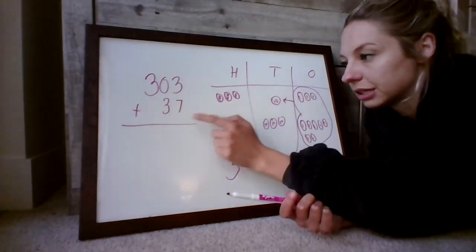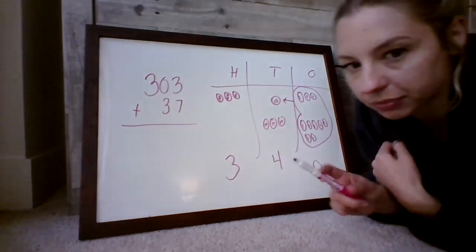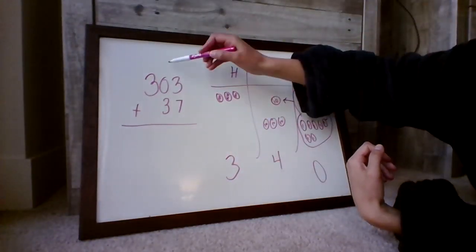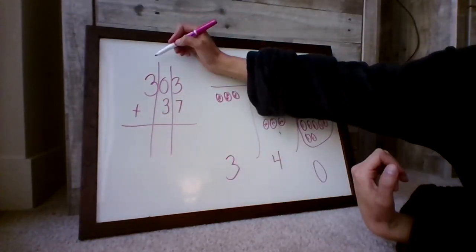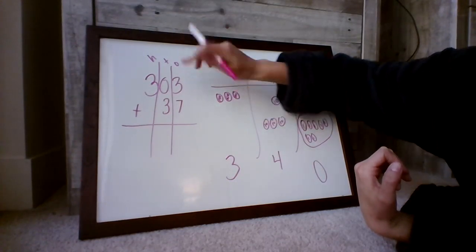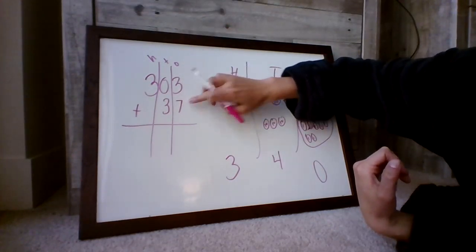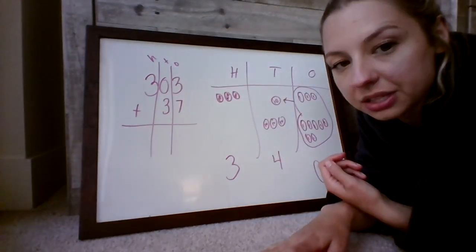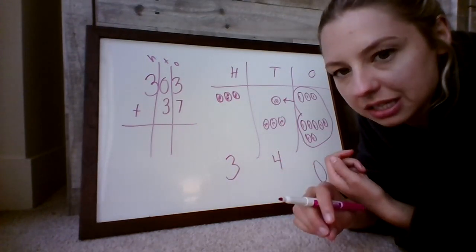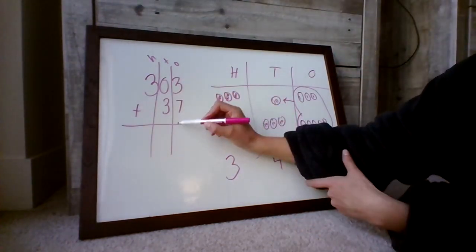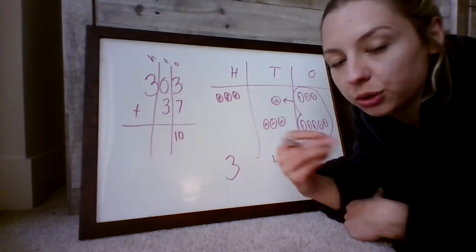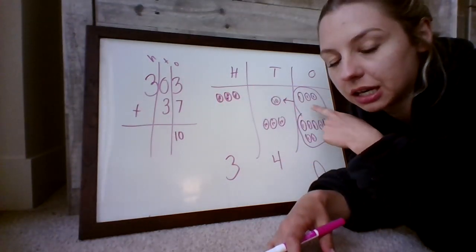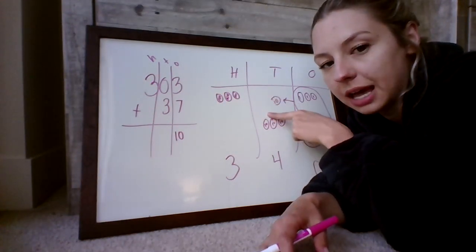Now, let's see if it's 340 using this way. Ready? So, if we draw our lines like we used to do at school, we always start with the ones. What is 3 plus 7? I know 3 plus 7 is 10 because 3 and 7 are partners to 10. If you had the number 10 here, you have to bundle just like we did here and add the 110.